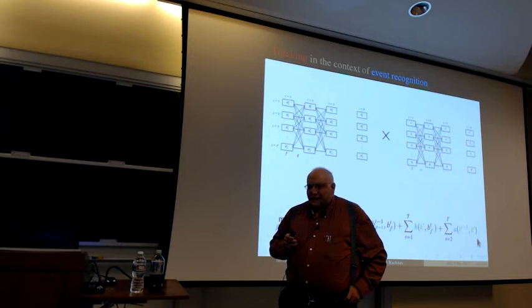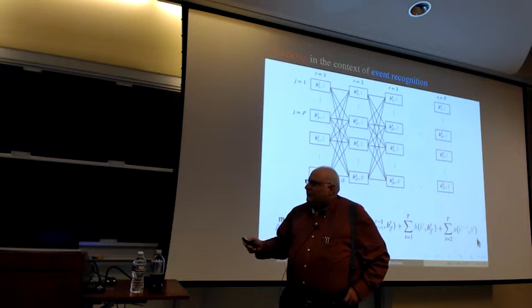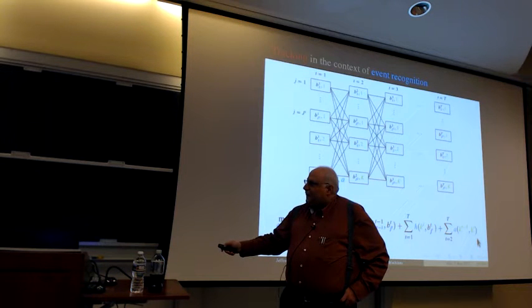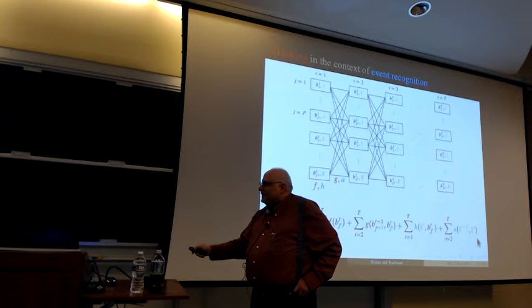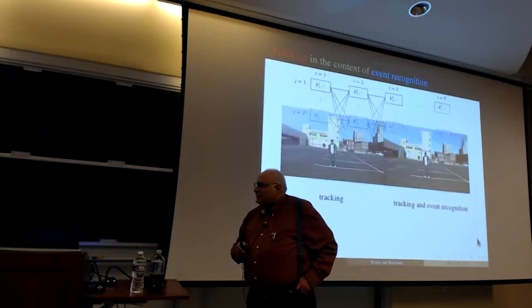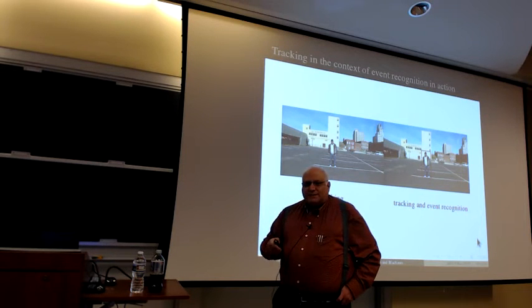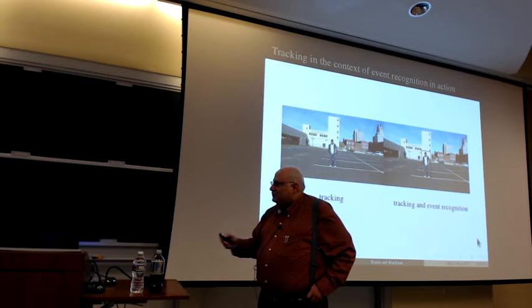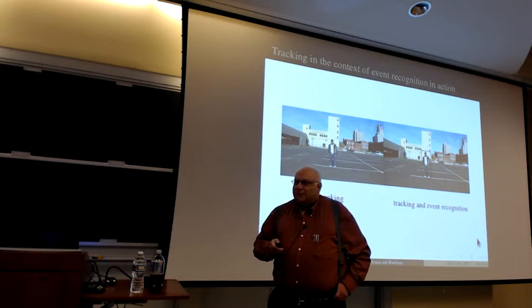And I can still solve this problem in polynomial time by forming a cross product lattice where the nodes in the lattice are pairs of detections produced by the object detector and states of the event recognizer. And let me show you this in operation. On the left, you see a video where we're attempting to do tracking without any top-down knowledge of the activity in question, and we're going to track an irrelevant object because it is temporally coherent.